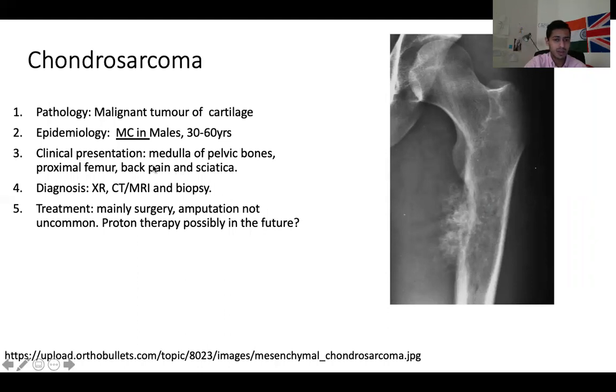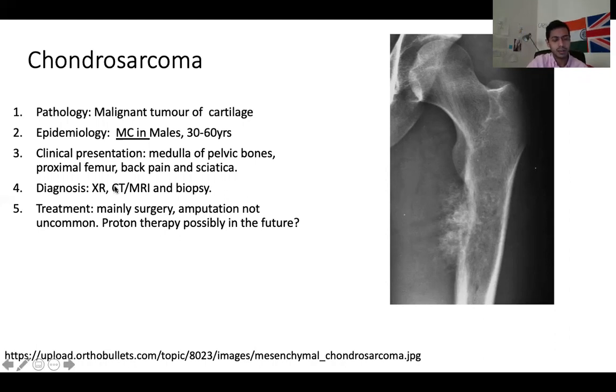This is more based on nerve impingement and affecting the nerve rather than the actual lesion here. It usually metastasizes to the lungs again. It's quite a common feature of all bone malignancies that they do metastasize to the lungs.